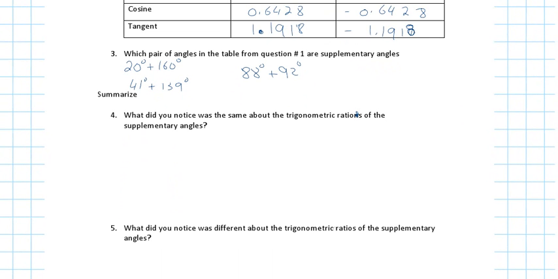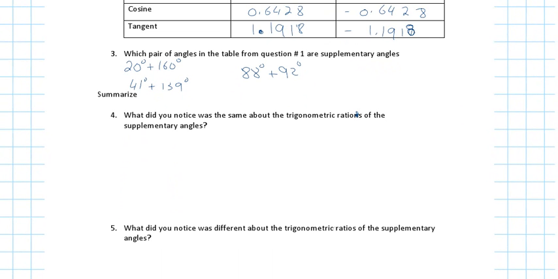They're equal, the ratio. But the cosine and the tangent are negative. So the sine of 88 is equal to the sine of 92. The sine of the acute and the sine of the obtuse give you the same answer. Same with the cosine, but with a negative. Same with the tan, but with a negative.